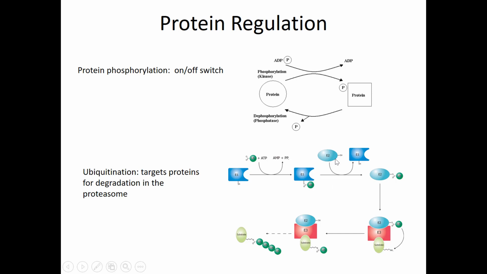And so actually here's the protein that's going to be degraded. So here's ubiquitin put on this protein to then get transferred over to this protein that now has this ubiquitin tag. And then once that ubiquitin tag is placed on it, it will be shuttled over to the proteasome and be marked for degradation, for destruction.